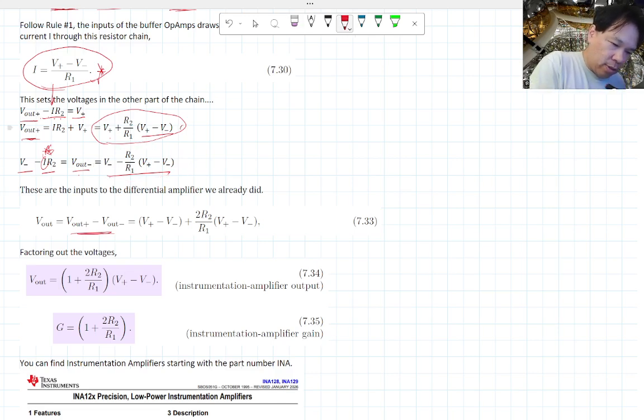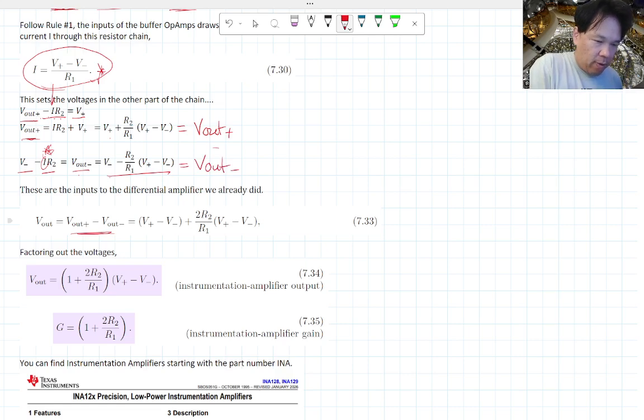Let's circle these. This is V out plus. This is V out minus. You subtract these two things. What happened is that you still end up with a factor of V plus minus V minus, but since there's a sign switch between them, the minus of the minus gives you a plus.